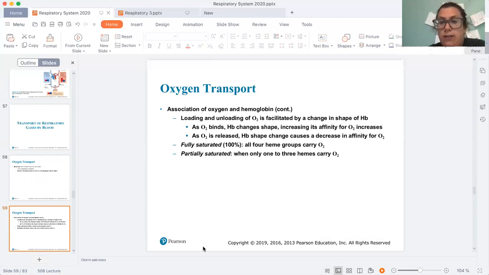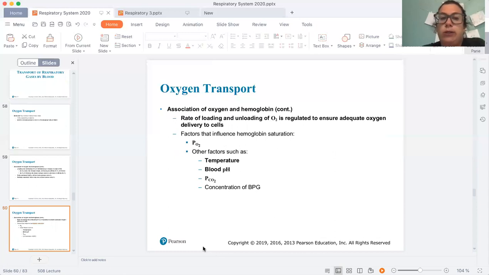And under COPD, chronic obstruction, so things like emphysema, it can also change those amounts. Partial oxygen saturation means that it only carries 1 to 3 oxygens instead of the full boatload.